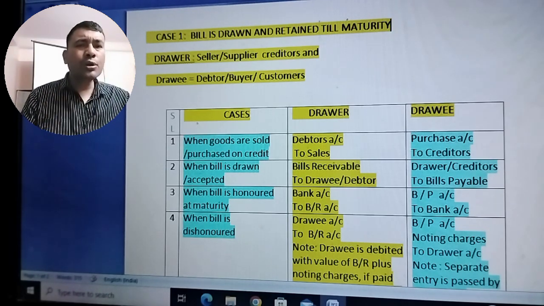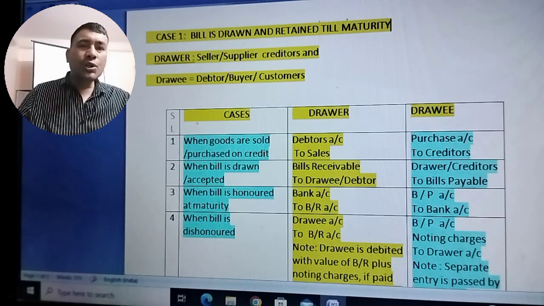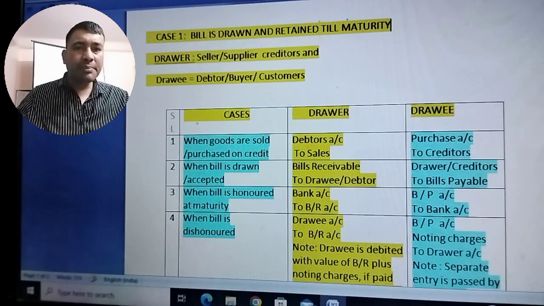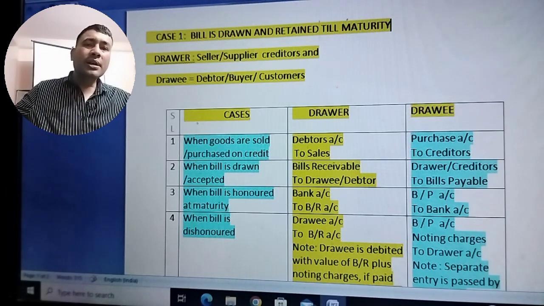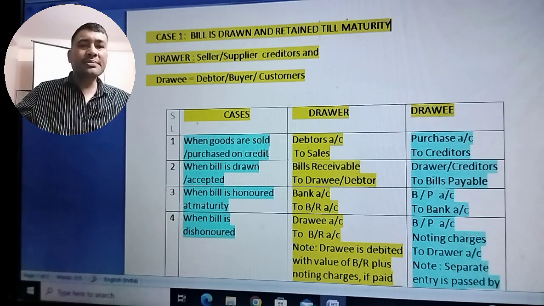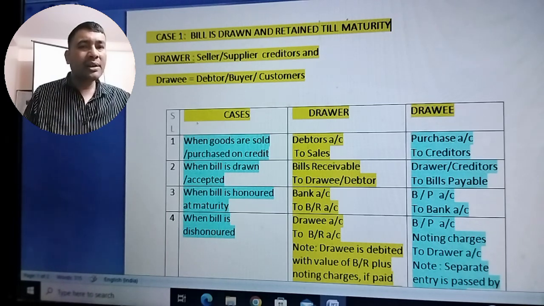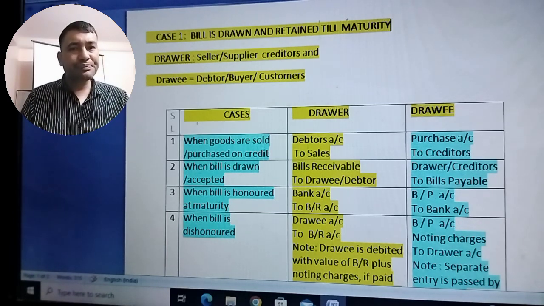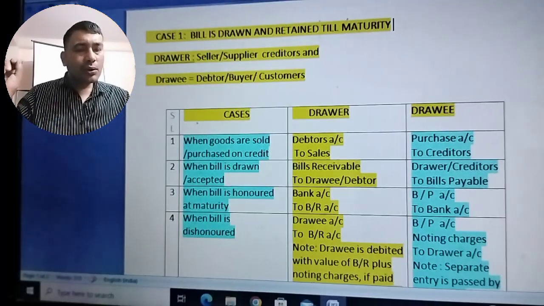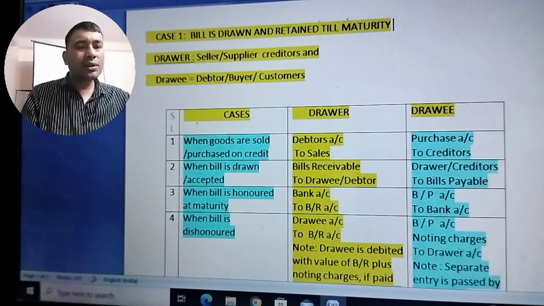But in order to establish the fact that the bill has been dishonored, the drawer will go to the notary public. He will place the bill to establish the fact that it has been dishonored. So the drawer has to pay a certain amount as charges to the notary, which is known as noting charges. Whosoever is holding the bill has to pay the noting charges.